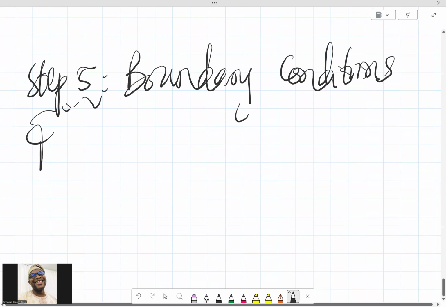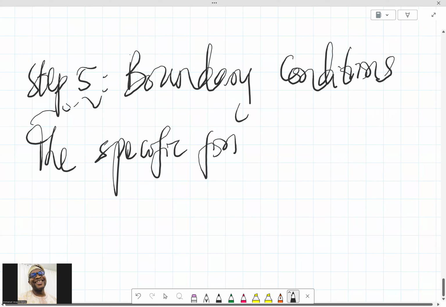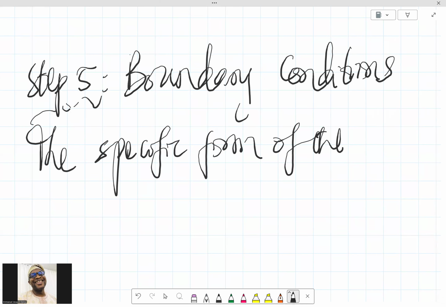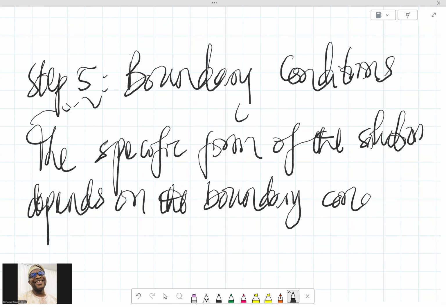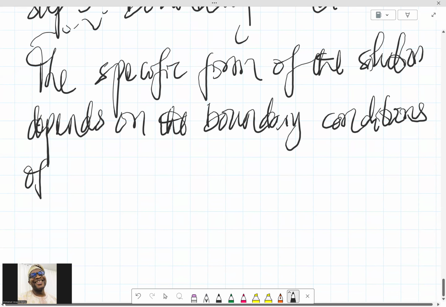So the specific form of the solution depends on the boundary conditions of the problem.